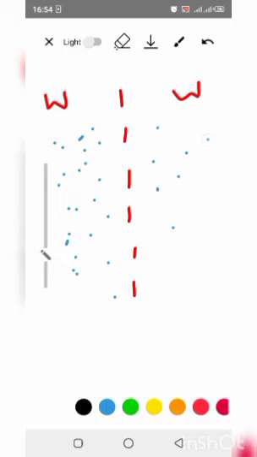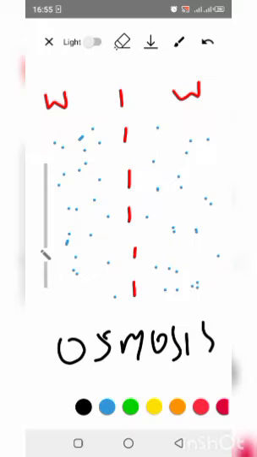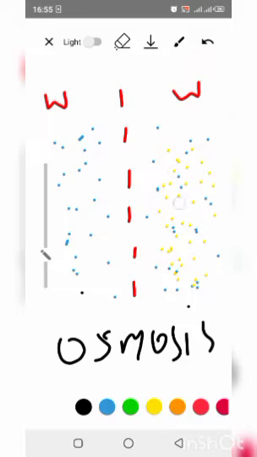We also have water molecules here. But we also have sugar or glucose molecules, and we have more glucose molecules on this side than on this side.